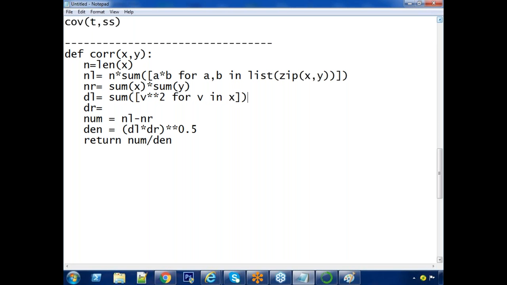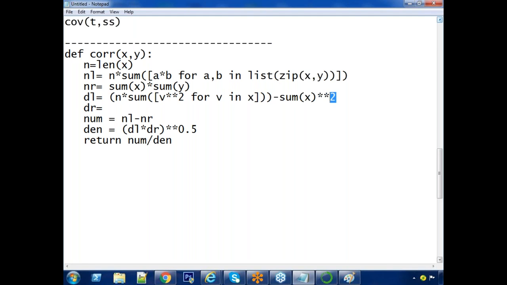Sigma x square ready? N. This entire thing is one expression, into right side one more expression: sum of x whole square. Minus sum of x square.